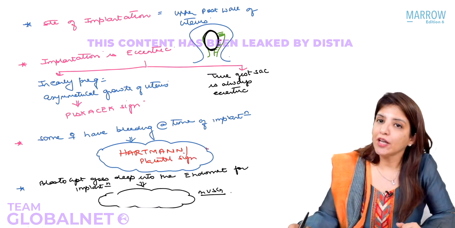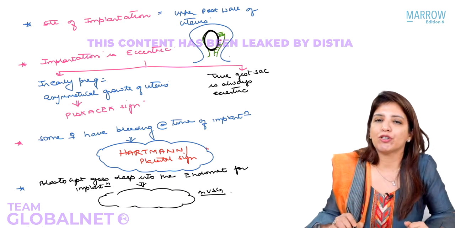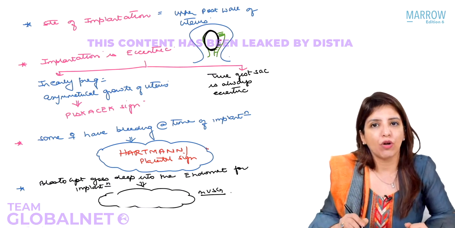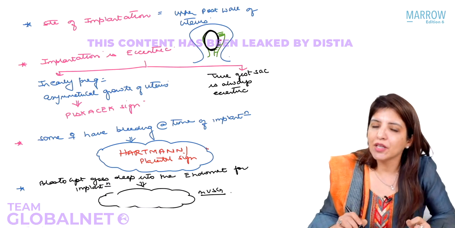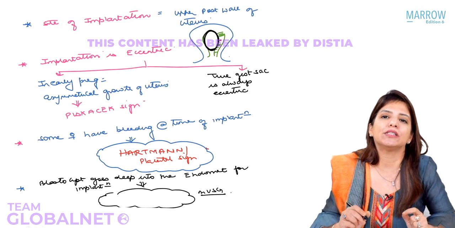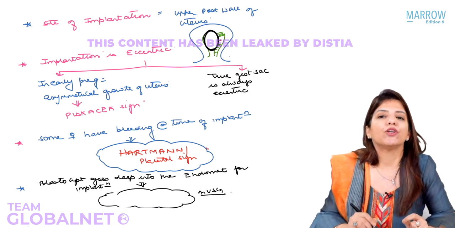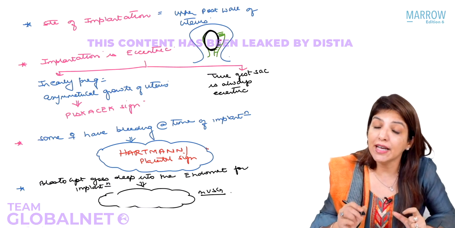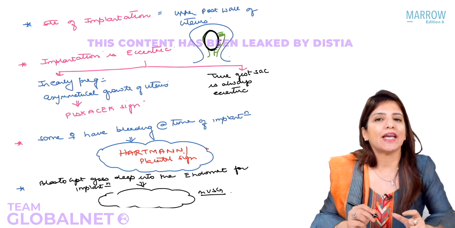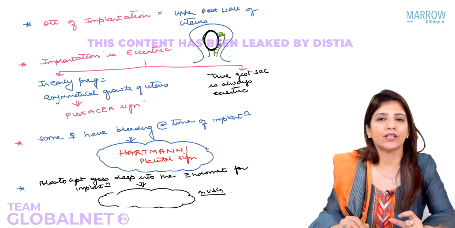Right? Now I told you that the blastocyst goes deep inside the endometrium and then implants. We saw a video also. So this is something which gives rise to the intradecidual sign, which is seen on ultrasound. On ultrasound, you get a sign early in pregnancy, which is the intradecidual sign. And what is the basis of this intradecidual sign?